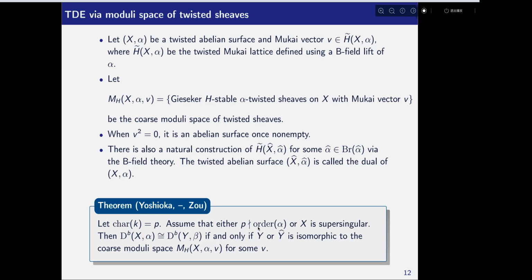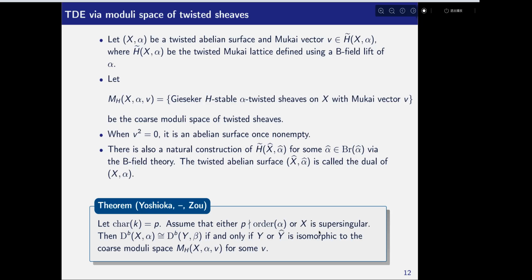But the problem is we have to deal with the case when the order is not coprime to P. For example, if X is a supersingular abelian surface, then we can show that its Brauer class is P-torsion.